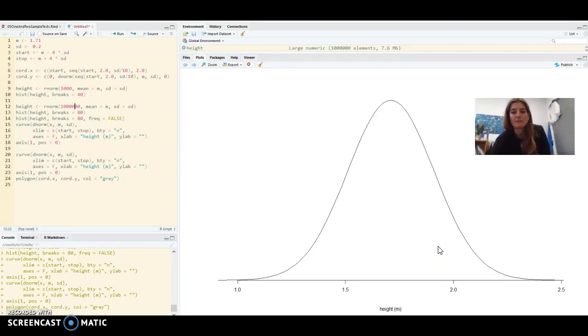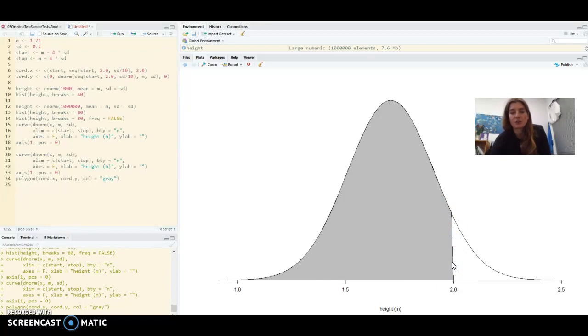Because the area under this curve is 1, this now tells us probabilities of getting particular heights. So if I want to know the probability of somebody being 2 meters or smaller, then that's going to be given by this grey area here, the area under the curve up to 2 meters.